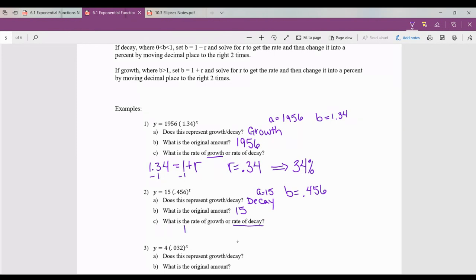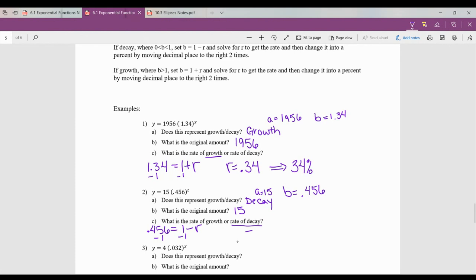So we're going to do 1 minus r this time equals 0.456. All right, now we want to solve for r, so we're going to minus 1. Okay, so we do 0.456 minus 1, and we get negative 0.544 equals, and then there's a negative in front of the r, negative r.